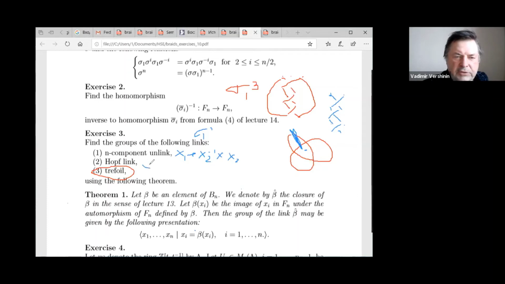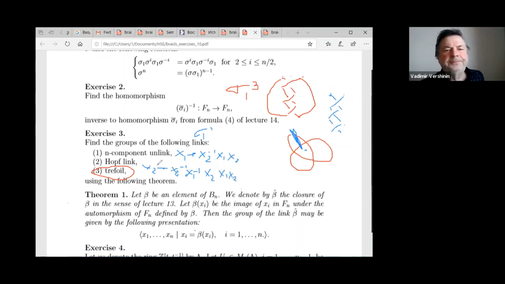And for x2, it was more complicated. It was x2 minus 1, x1 minus 1, sorry, this should be x1, x2, x1, x2.